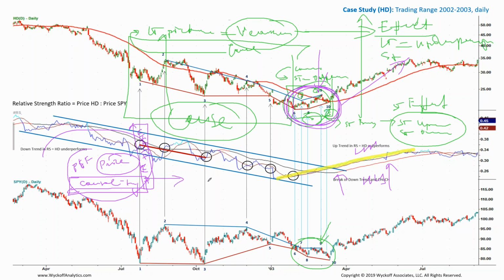But this relationship between causality and effect could also be qualitative, in terms of performance. So we could say that in the trading range, the relative performance causality is going to create some kind of outperformance as an effect.